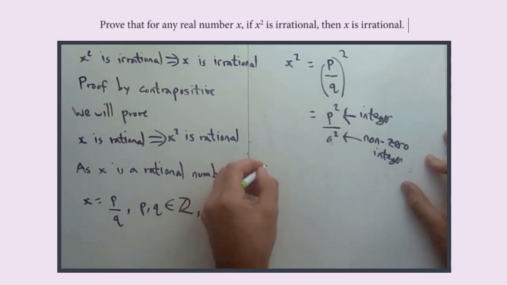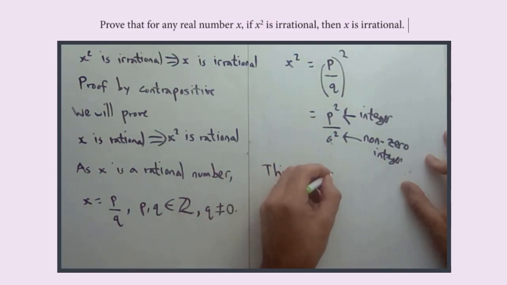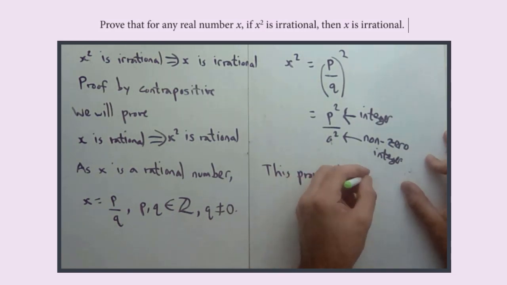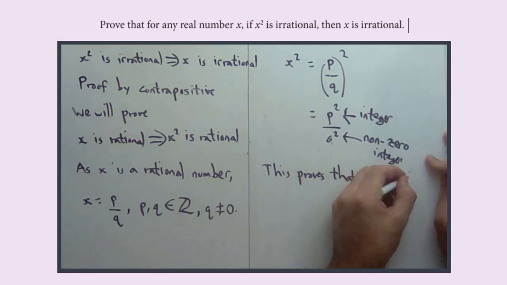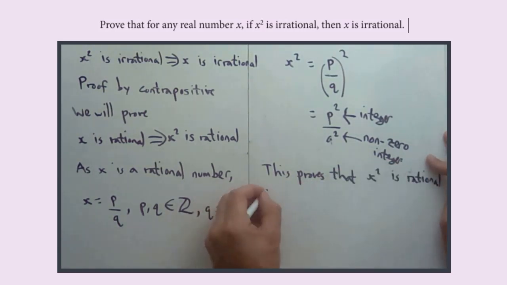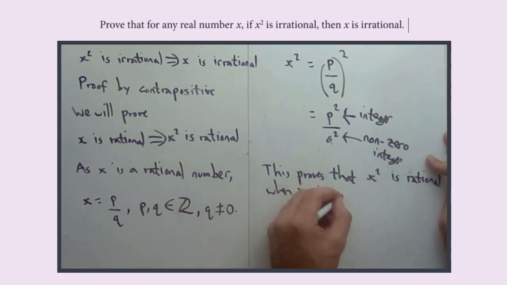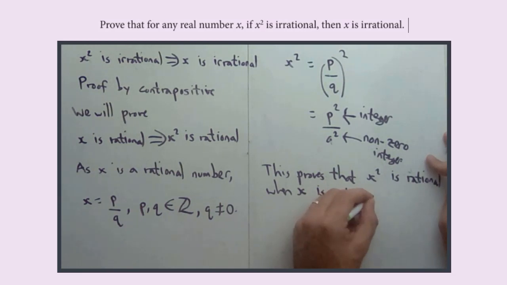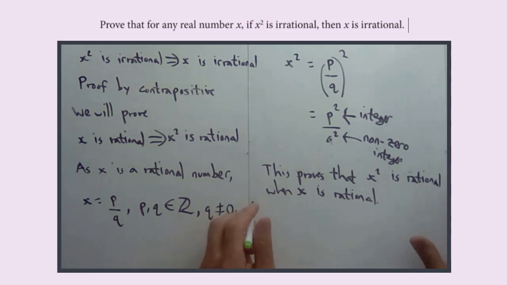So this proves that x squared is rational when x is rational. So basically, the contra-positive is true, so the original statement must also be true.